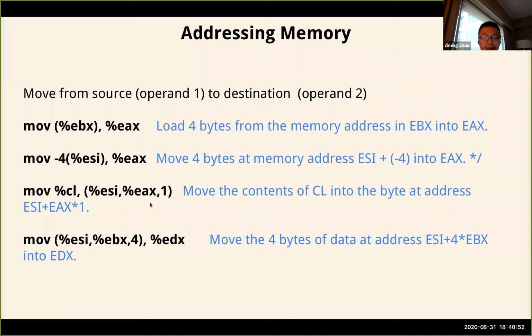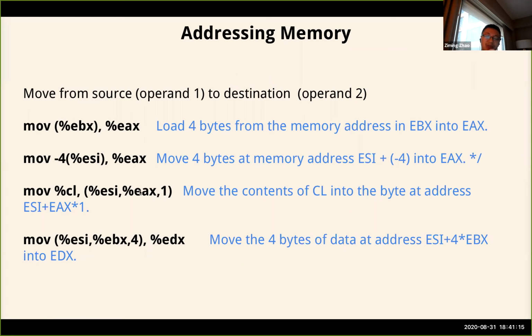We're calculating the memory address at which is ESI plus EAX times 1. Look at this instruction. You can see this can be used for something like array access, right? So the first argument is like the beginning of the array. The third argument is like the index.